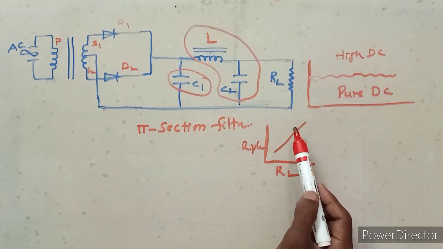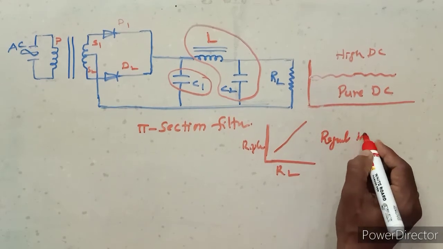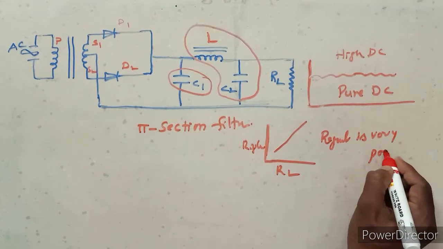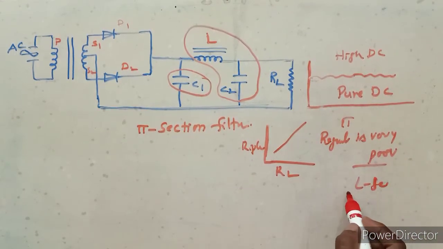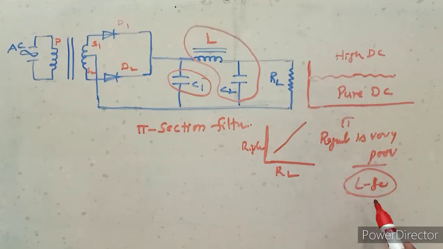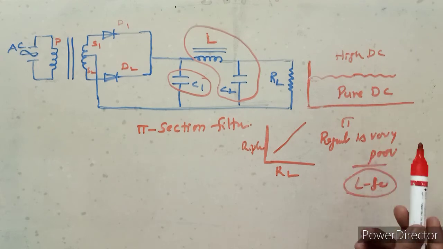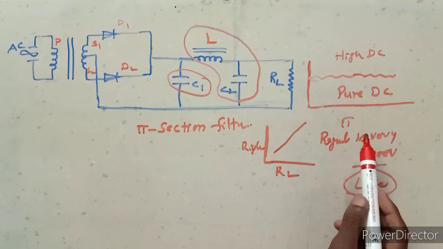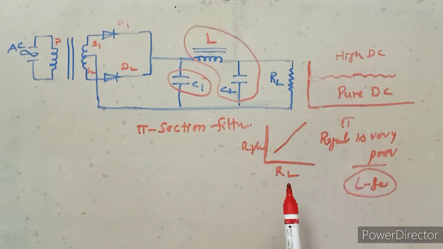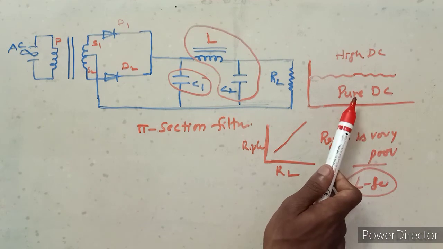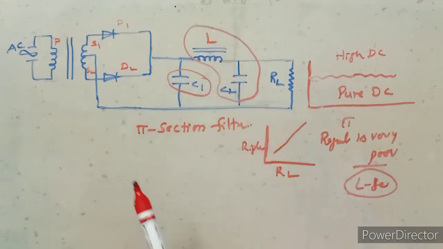The regulation is poor compared to the L-section filter. In the L-section filter, regulation is very good; here in the pi-section filter, regulation is very poor. So the pi-section filter is preferable when the maximum output voltage is required.